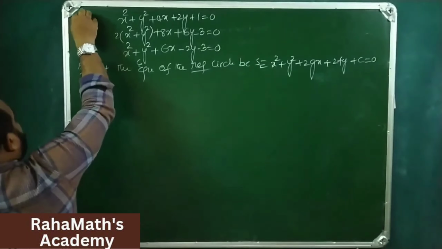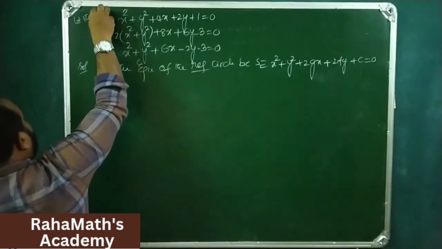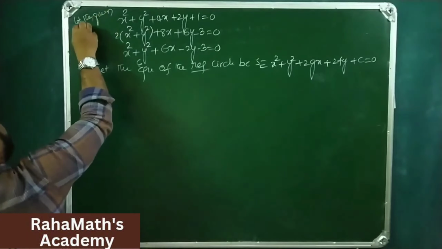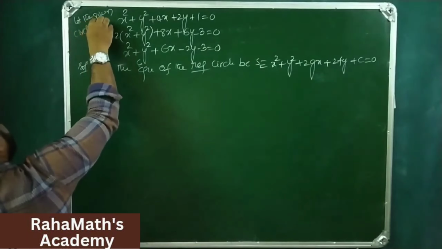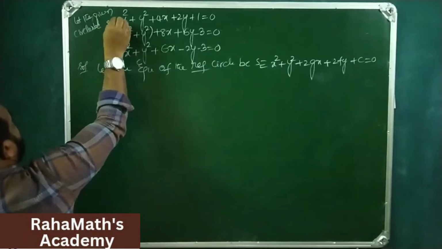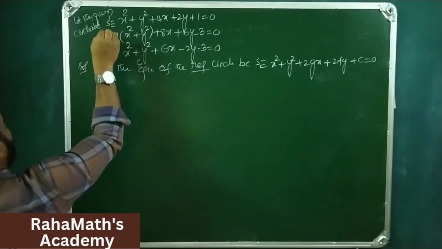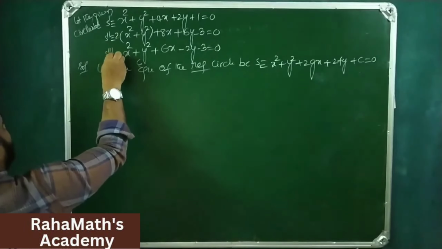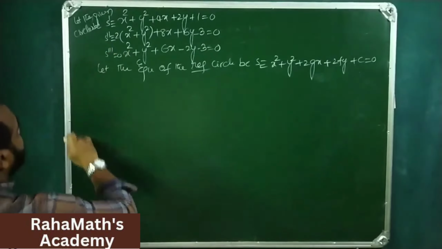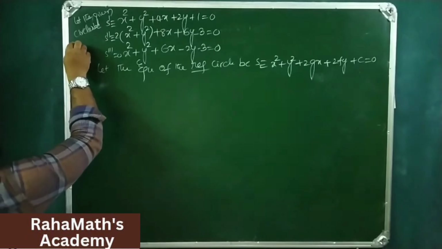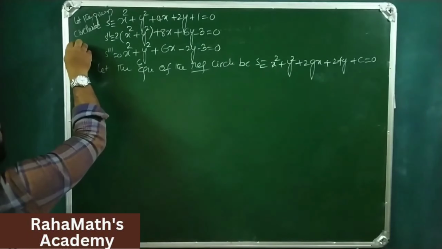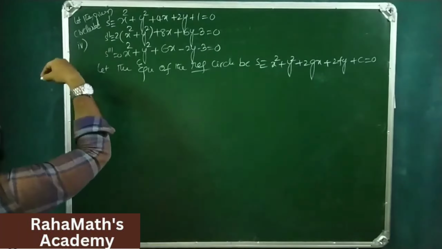Let the given circles be S dash, S double dash, S triple dash. This is the last problem, fourth bit.